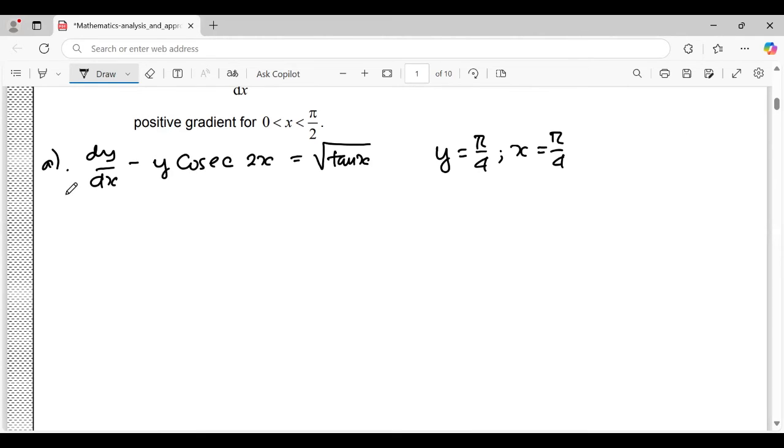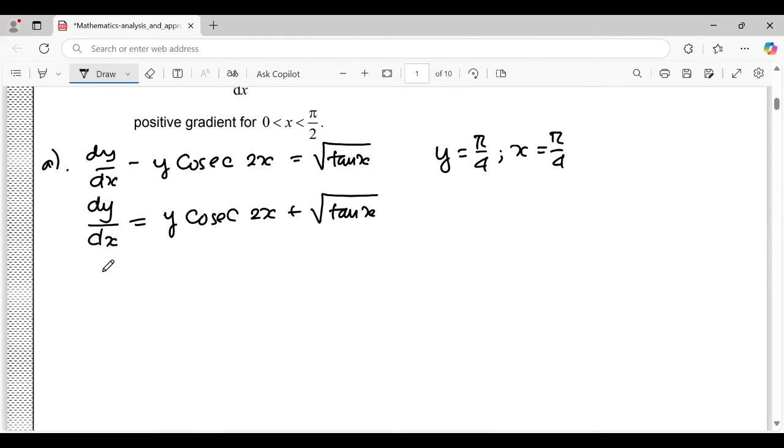We can arrange this differential equation as dy/dx equals y cosecant x plus square root tangent x.